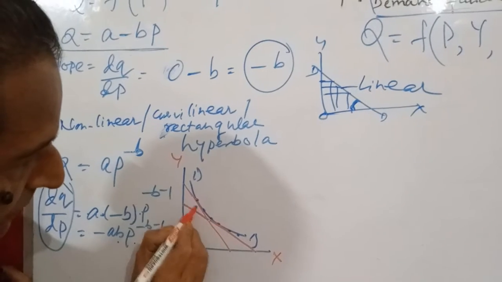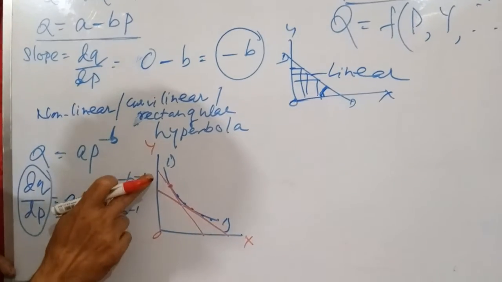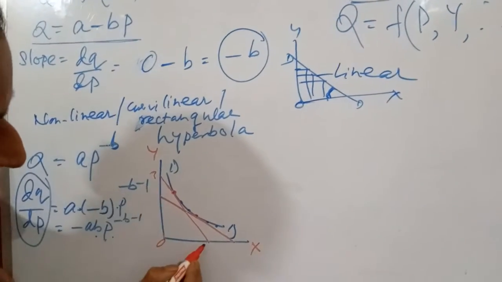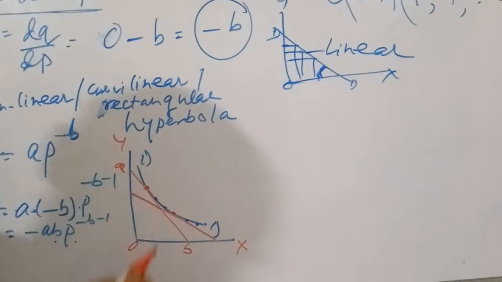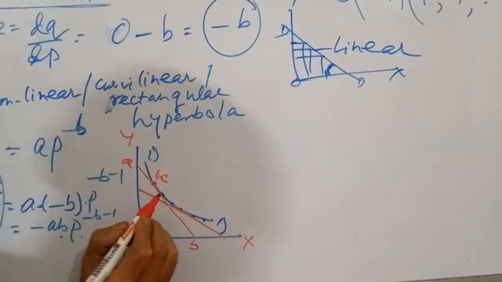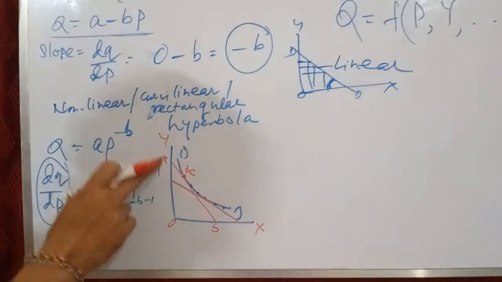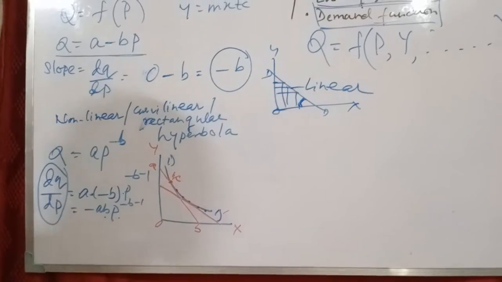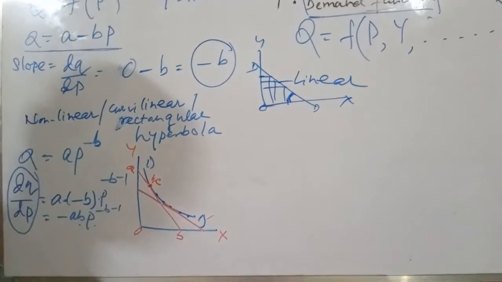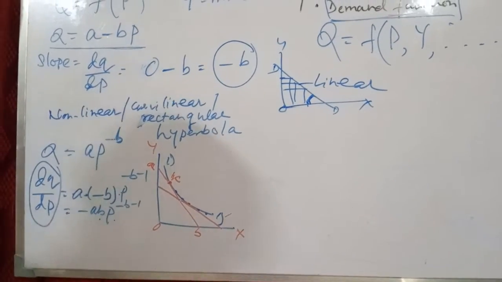So the slope of the demand curve at this point is the slope of the straight line which is tangent to that point, say AB. AB is the tangent to a point K on the demand curve.